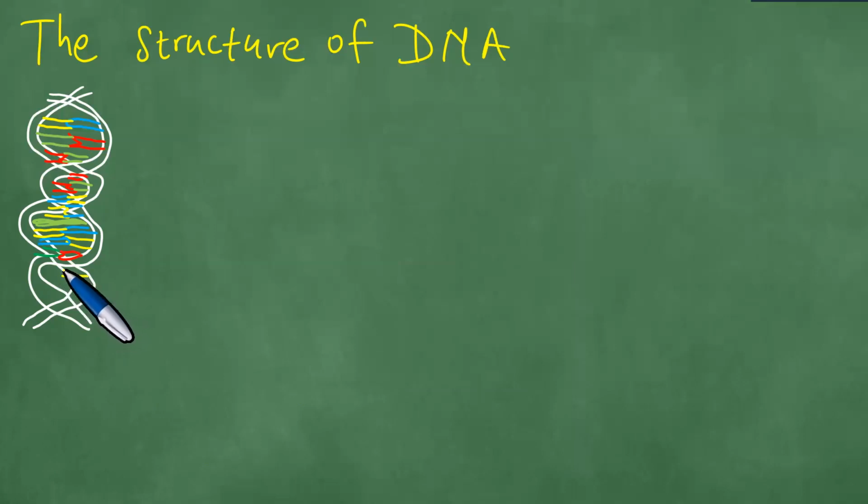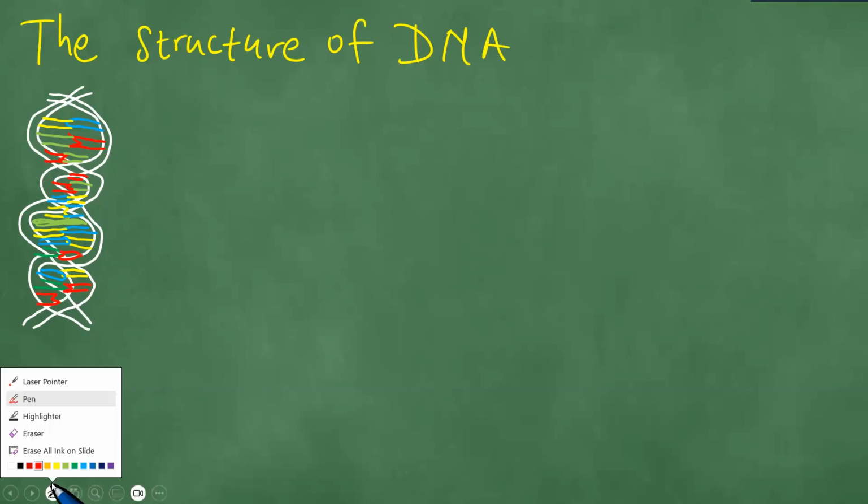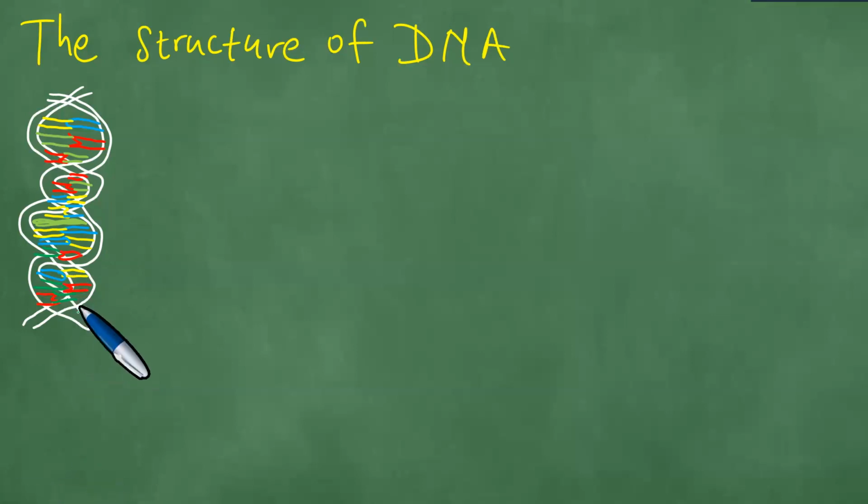You have yellow here, some orange color, and then blue, and then green, red, and then red, and then green, like so. They are interlocking like that.